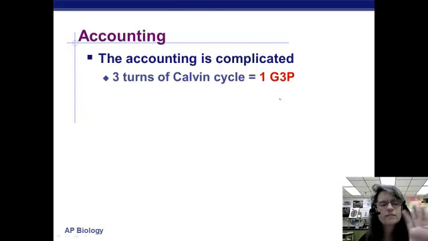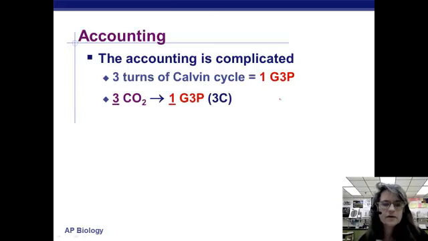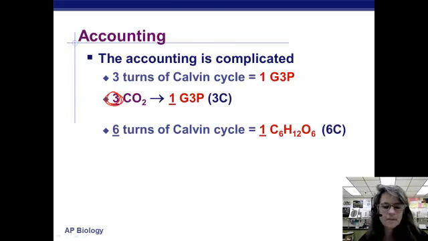Okay. 3 turns of the Calvin cycle are going to give us 1 G3P. What that means is it takes 3 CO2s from the atmosphere to make 1 G3P. But it takes 6 turns of the Calvin cycle, here's the math of it, to make 1 glucose molecule.